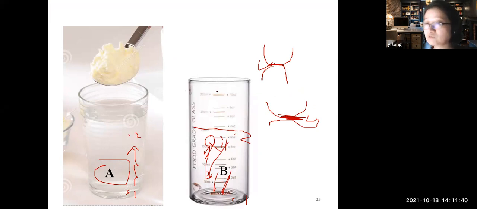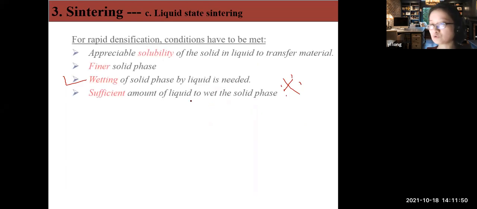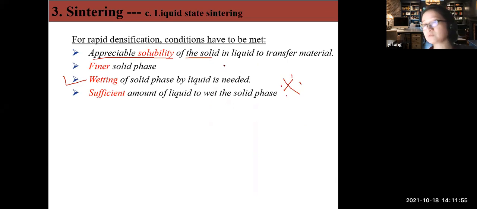So it will be difficult for the milk powder to move through the oil. Am I correct? So that is also a condition for liquid sintering. It's better you have appreciable solubility of the solid in liquid, otherwise you won't have the atom movement. Make sure you have a good solubility of the solid in liquid to transfer the materials.